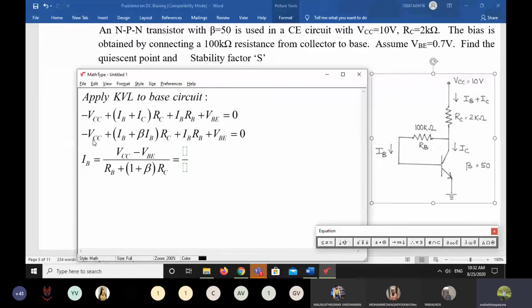So VCC is 10 minus 0.7, divided by RB, 100K, plus 1 plus beta, beta is 50, so 51, into RC value 2K. So 10 minus 0.7 is 9.3, divided by 51 times 2 is 102, plus 100, so 202.